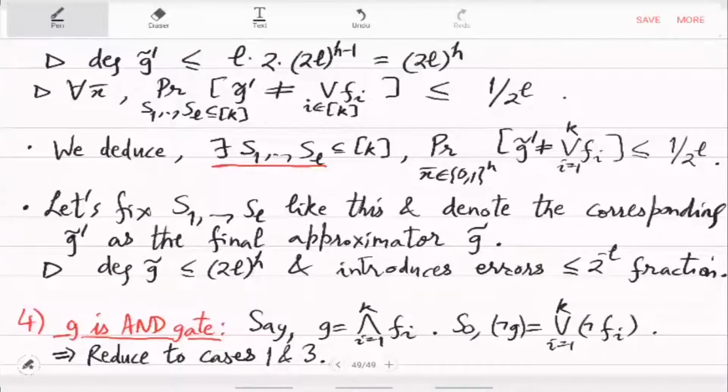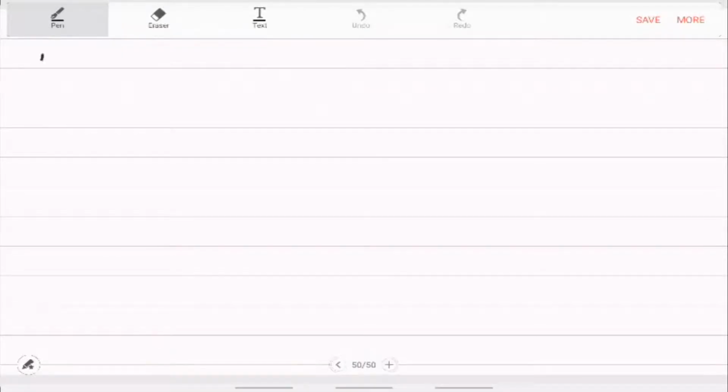The degree at height h of a gate approximator is 2L to the h, and the error fraction that we introduce is at most 1 over 2 raised to L. So let us write that.